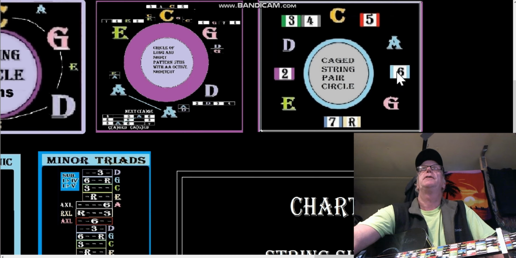A is 5, 6. G is 6, 7 root. Okay, and E is 7 root 2. And D is 2, 3, 4. And you can see how they share those notes in the caged circle, C, A, G, E, D. If we skip every caged letter, it goes in fifths, so C goes to G. Okay.